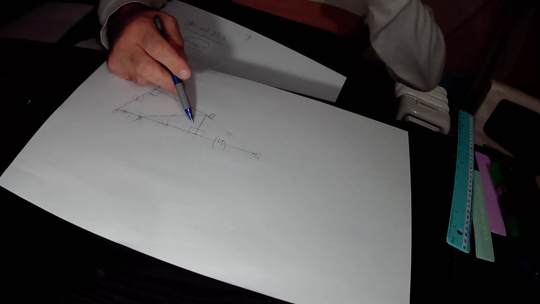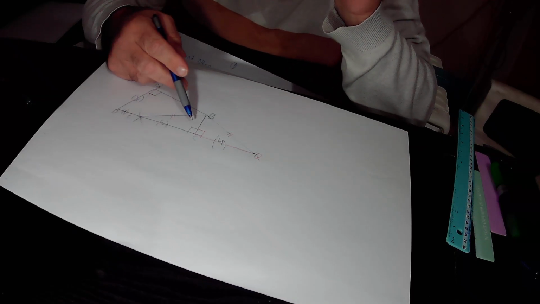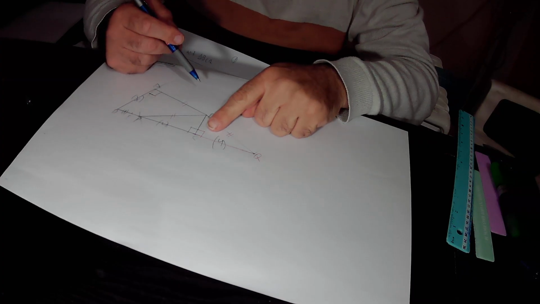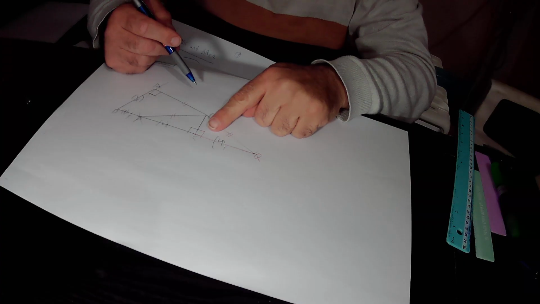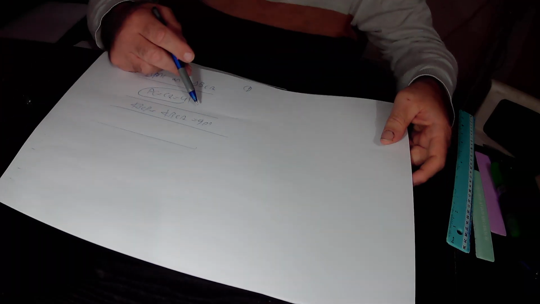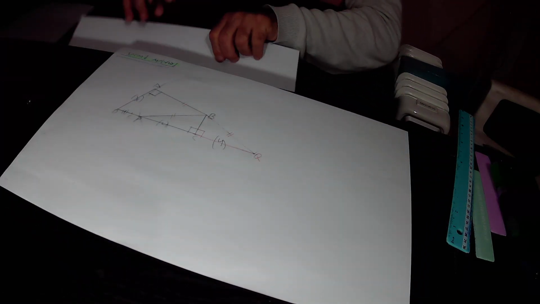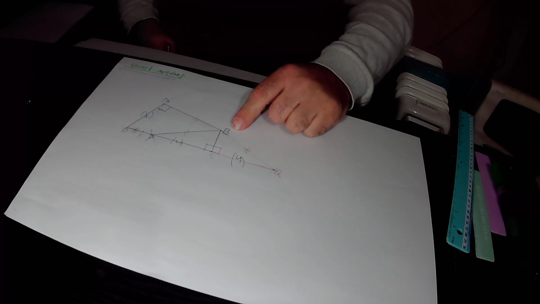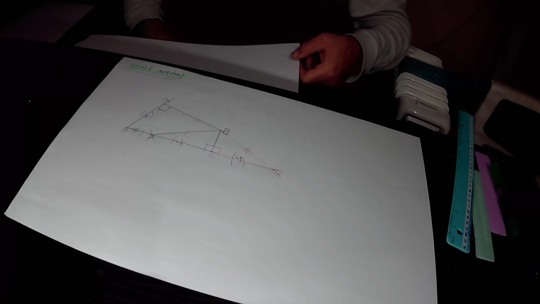So this is again angle BCP in the right triangle PBC. This is equal to this angle BCQ in the right triangle BCQ. They are both equal to 90 degrees and therefore they are equal to each other. And finally, this is side BC. This is the common side that belongs to both triangles. So we can write down that BC equals itself as a common side that belongs to both triangles.